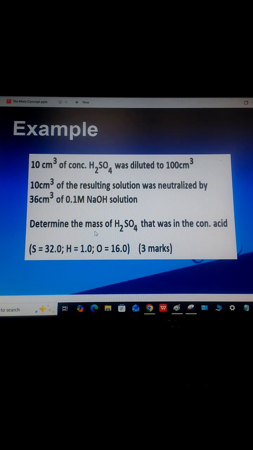Find the mass of sulfuric acid that was in the concentrated acid. Here you are given the atomic masses of those elements in those compounds. This is a 3-mark KCSE examination question.